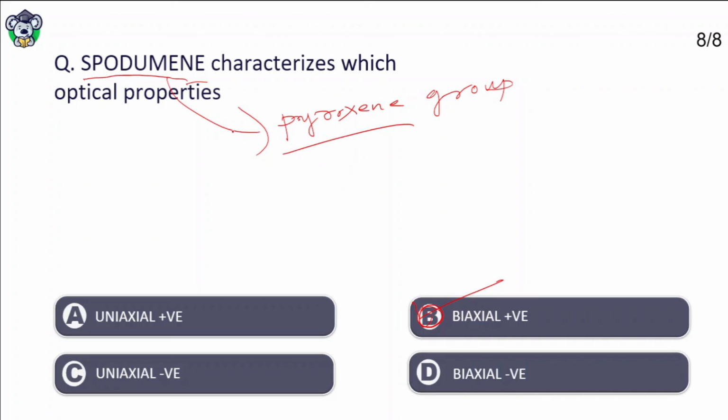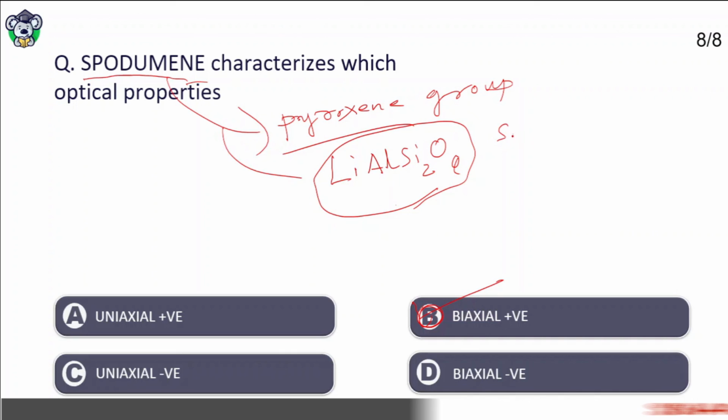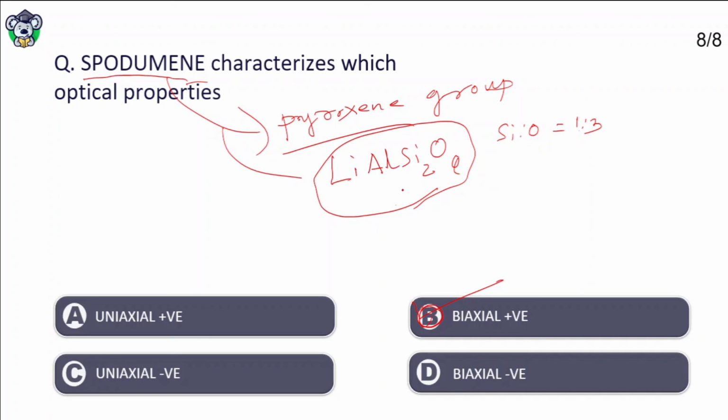Its formula is lithium aluminum silicate, that is LiAlSi2O6. Here the Si to O ratio is 1 to 3. So if I ask you which silicate structure it shows, this is a chain silicate. Okay, spodumene is a chain silicate.